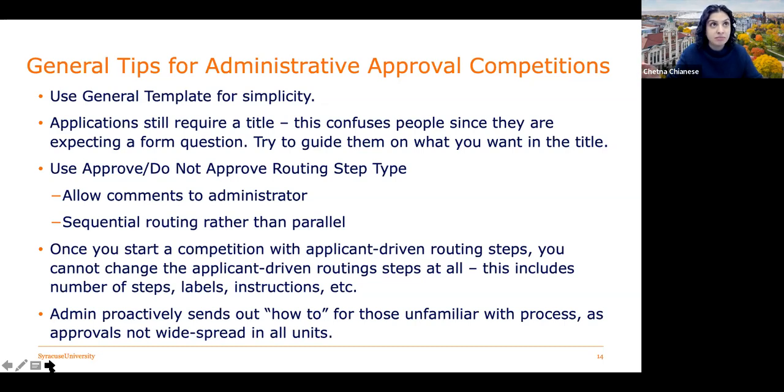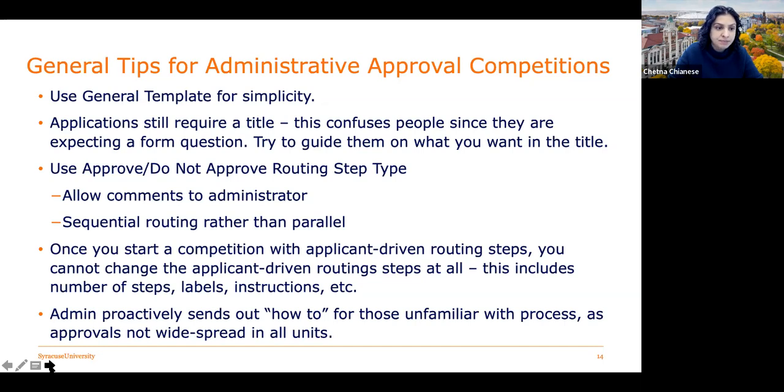Frankly, the English department may not have done a lot of work in InfoReady before, so they just aren't familiar. They don't necessarily know that this travel approval is required. So I just send them an email, for example, to say, this is what we need you to do. It's not spam. Please just look at this and approve, and this is what we expect from you. So those are some general comments that we had come up with.